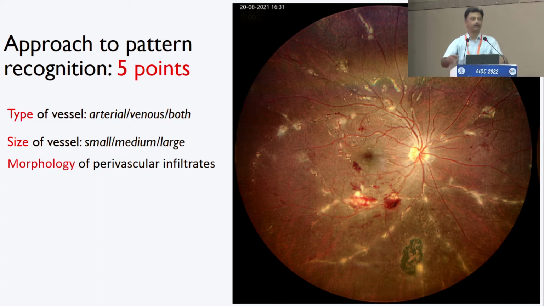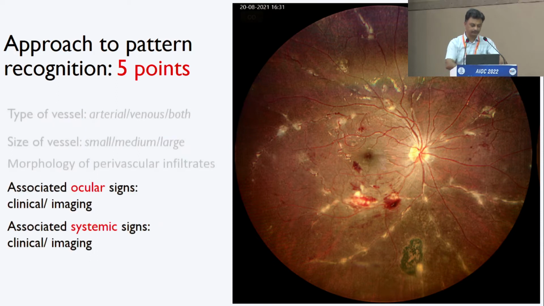You look at the type of vessel, whether the arteries are involved, whether it's the veins or both. The size of the vessel is always the small sized vessels in case of the retinal vessels, and the morphology of the infiltrates. Are those skip infiltrates or are those confluent infiltrates?